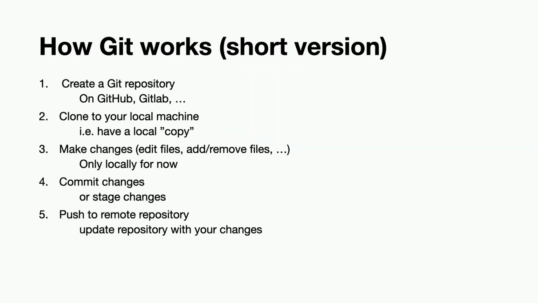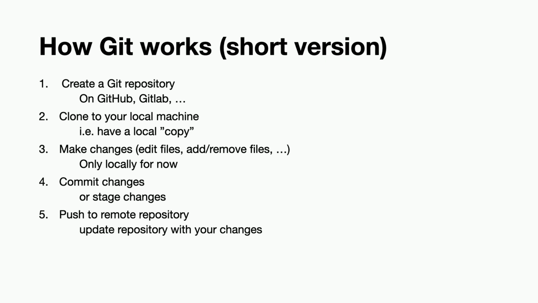So let's see how Git works, and this is really just a short, brief version of this. The first step is to create a Git repository on, for example, GitHub or GitLab, or you can just create one on your own machine and later upload it to GitHub or GitLab. The second is to clone to your local machine, given that you created it initially on a remote repository.